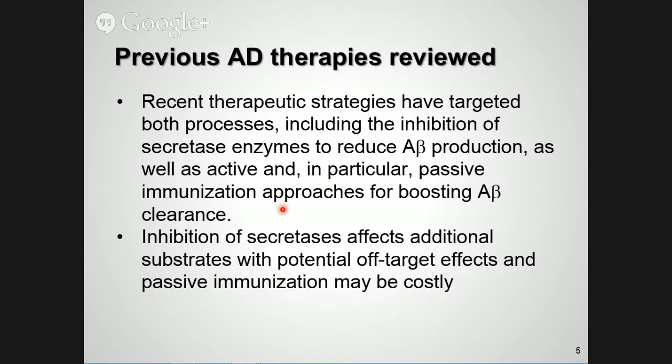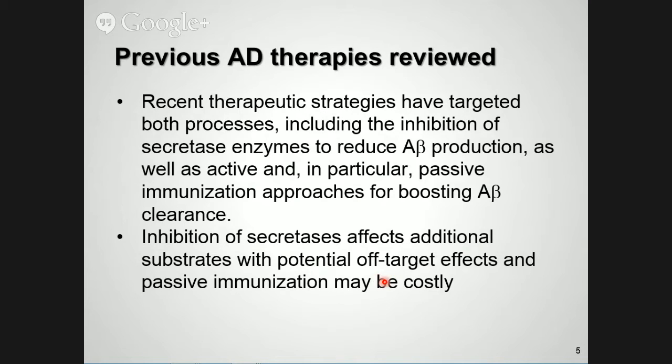All of those approaches to date have not been very, very successful, not even in animal models. And there seems to be a lot of confusion as to whether passive immunity or active immunity is the better approach in terms of clearing this beta amyloid overproduction using antibodies. And again, one of the biggest issues pharmacologically in inhibiting these different secretases, like the gamma secretase that we mentioned in the last lecture, is that when you're inhibiting this, you're also inhibiting gamma secretases outside of the complexes that form the amyloid beta.